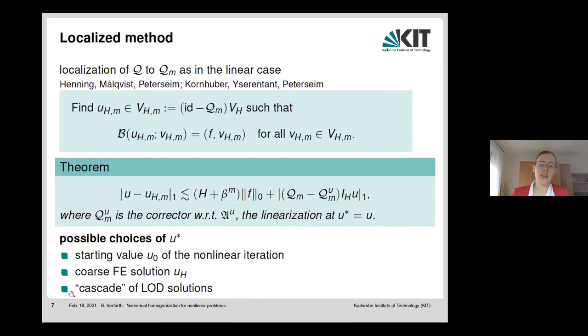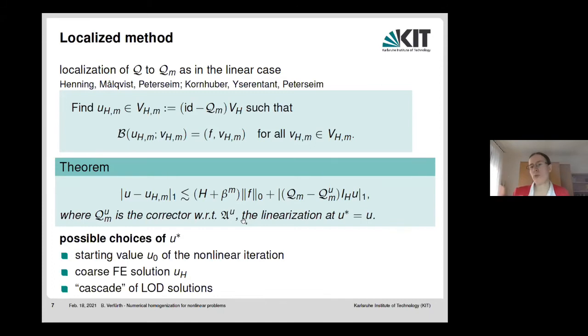And the next step that you can do is what I call a cascade of LOD solutions, which means that you pick some initial linearization point U star, then you compute such an UHM once, then you feed this approximation in as your new linearization and do this procedure once more.